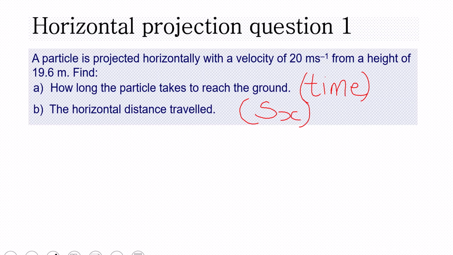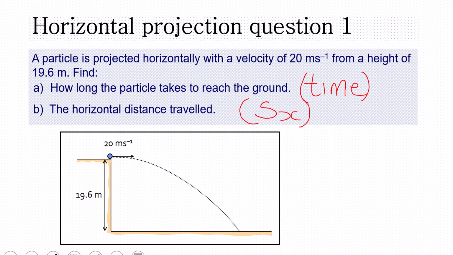So let's look at the way the particle was projected. This particle was projected from this point, which is 19.6 meters above the level ground, and then it was given an initial horizontal velocity, which is u in the x direction, and this velocity is 20 meters per second.